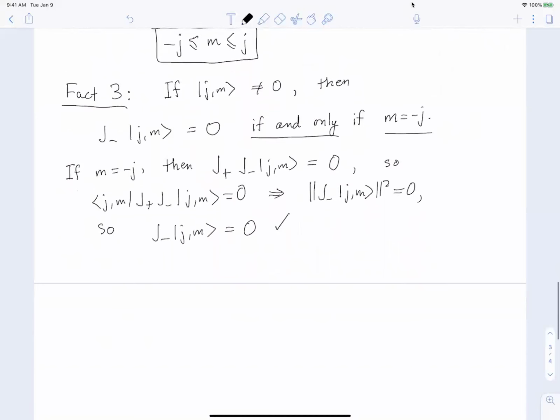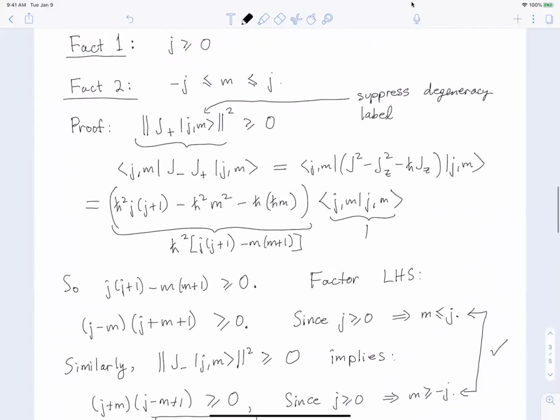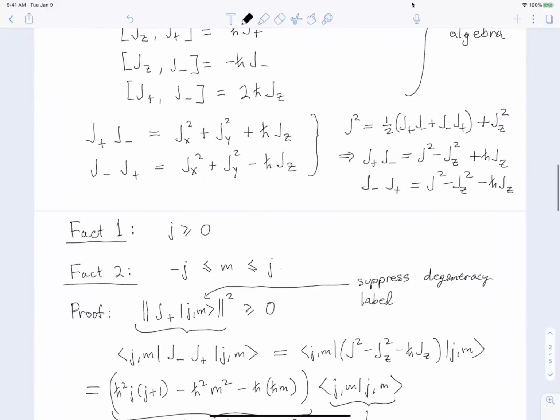Okay, and so for that, also consider what happens if we take j plus acting on j minus, jm. Once again, let me show you, let's go back up here and show what we're going to use. We're going to be using this fact, right? So the idea is to write things as much as possible in terms of j squared and jz's, because we know how they act on the eigenstates.